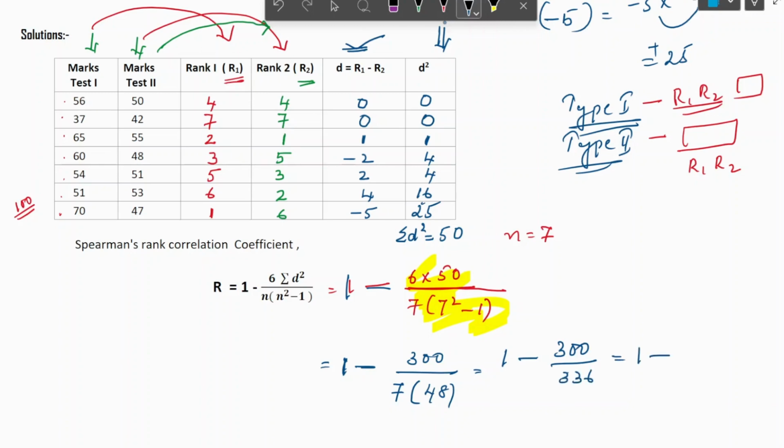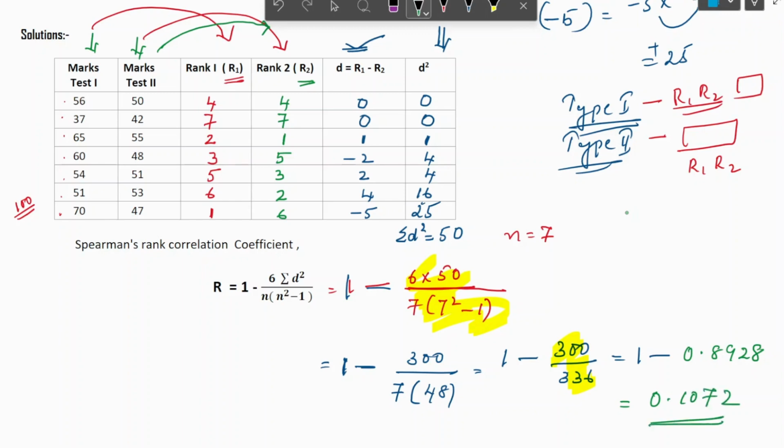That means 1 minus, and this division you are going to do first, then only subtract from 1. Therefore, the answer is 1 minus 0.8928, that is 0.1072. That is your answer.